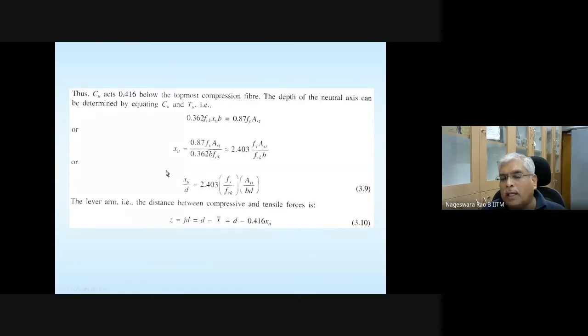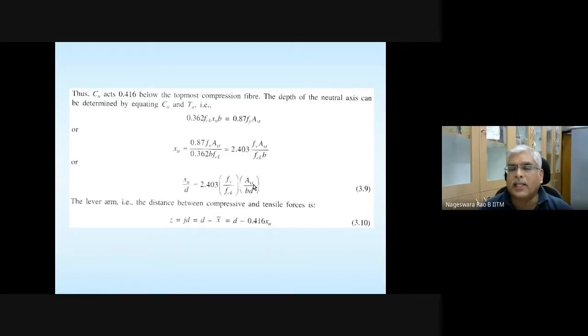Neutral axis depth is usually expressed as a ratio of effective depth. So instead of writing xu, you can write xu divided by d and get this equation. I hope you recognize what this is: this is nothing but the percentage of tension steel.